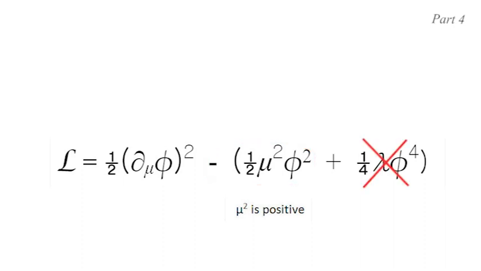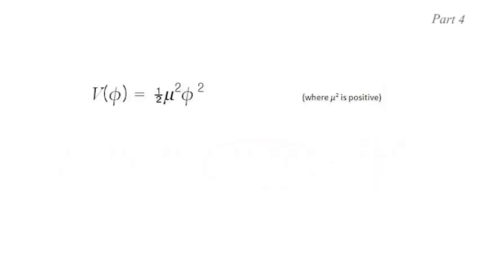Ignoring the self-interaction term for the moment, we had earlier said that when a Lagrangian density has a negative field squared term in it, such as minus mu squared phi squared, then it means that the potential energy plotted against the field value phi has the usual parabolic shape, and the mass of any excitation will be real. Of course, if mu squared is positive, it would mean that mu itself could be positive or negative.